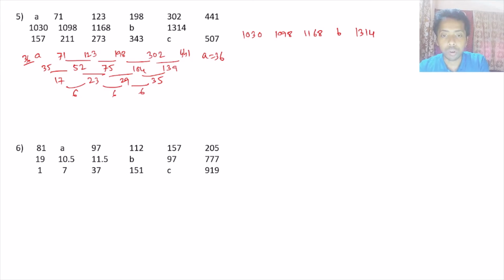See, 32 square. This is 1024, right? Plus 6. 33 square, 1089 plus 9. 34 square. Why am I taking this square value at the very first moment by seeing this number? Because these are the closest numbers to the given number in the series, right?